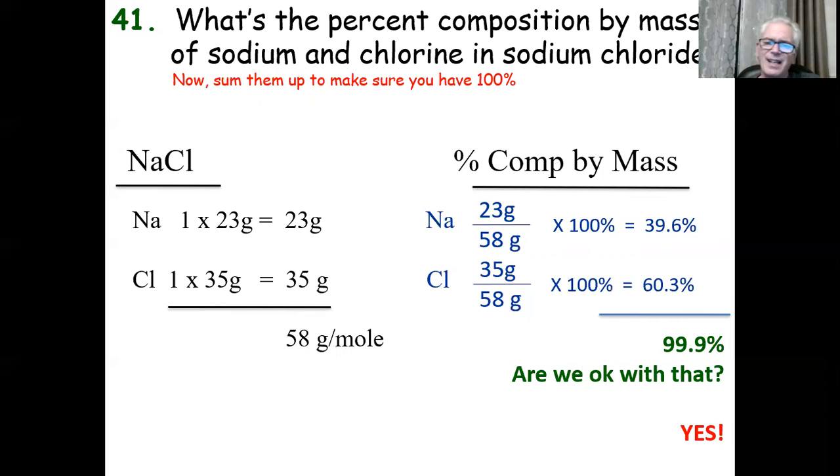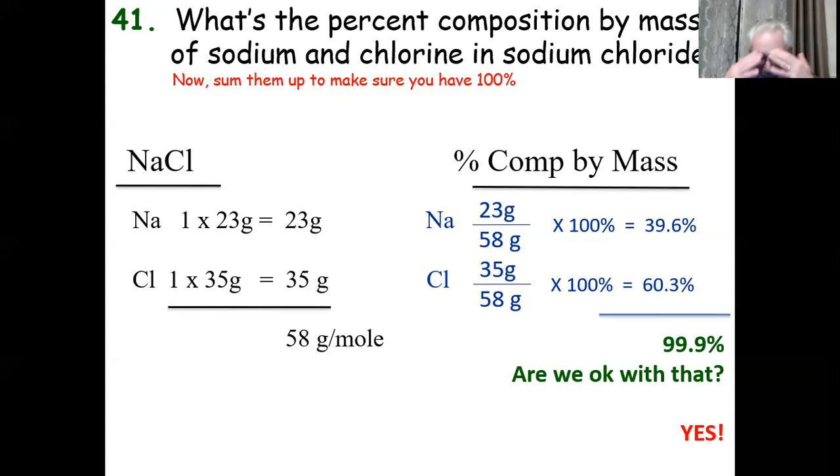If I made it 40% and 60%, it would have been closer, right? But it would have been rounded. These numbers are really, really close. For our purposes in class, if you're off by more than, say, 0.2, say 99.8 to 100.2, if you're close, you're good, right? The difference is lost in the decimals, but you're close enough.